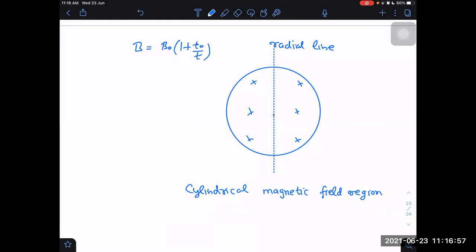That is how B is varying. Direction is minus k cap. T naught is constant, B naught is also constant. B naught can be regarded as magnetic field at T equal to infinity. When time becomes infinity, the magnetic field will become equal to B naught. Right or not?